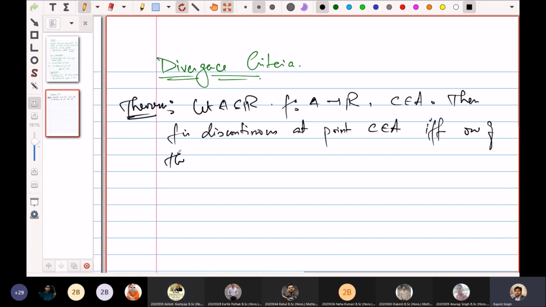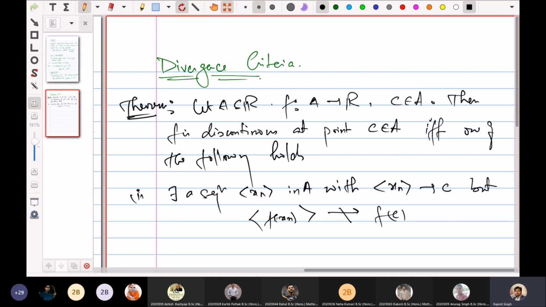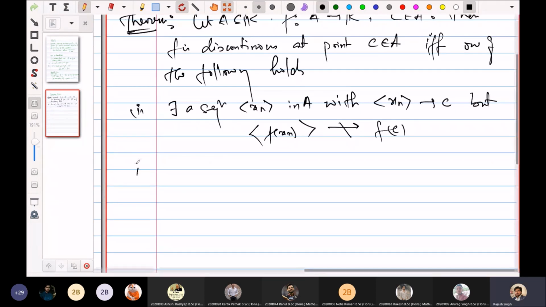First, there exists a sequence xn in A with xn converging to c, but f(xn) does not converge to f(c). So basically f(xn) might be converging, but it is not converging to f(c).